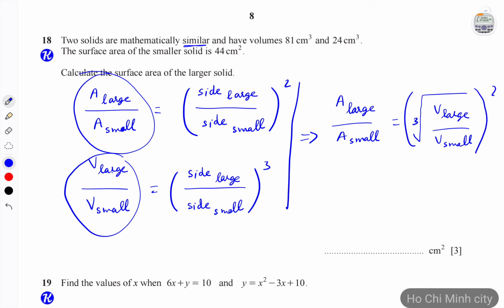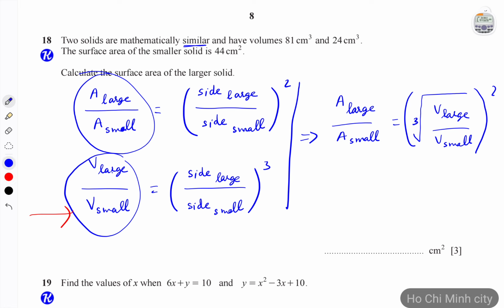Because when we take the cube root of the second equation, then it will become the ratio between the two sides, and then we need to square them to make it become the ratio between the areas.